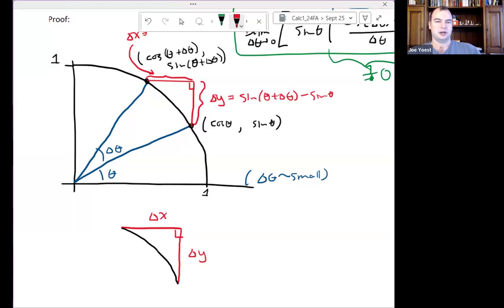And what is the arc length of this arc? Well, let me draw this in blue. The arc length of a circular arc is r delta theta. But my radius is just 1, so this is just delta theta, this arc here.